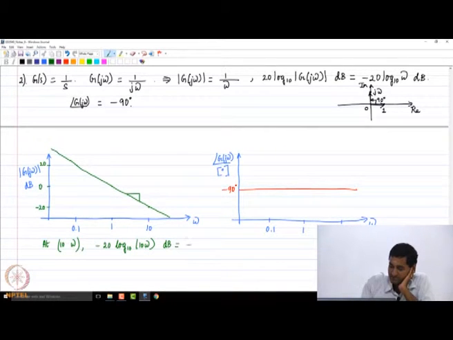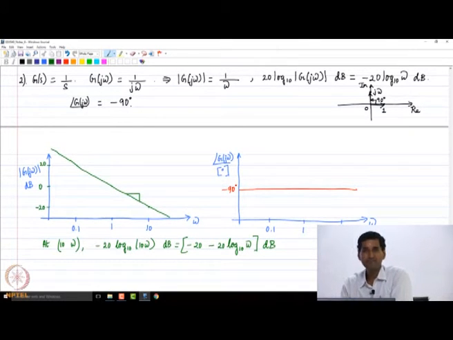So this is going to be minus 20 and minus 20 log to the base 10 omega. So you take any omega, the value is going to be minus 20 log omega decibels. You go to 10 omega, what is going to happen? The value is going to decrease by 20 decibels.